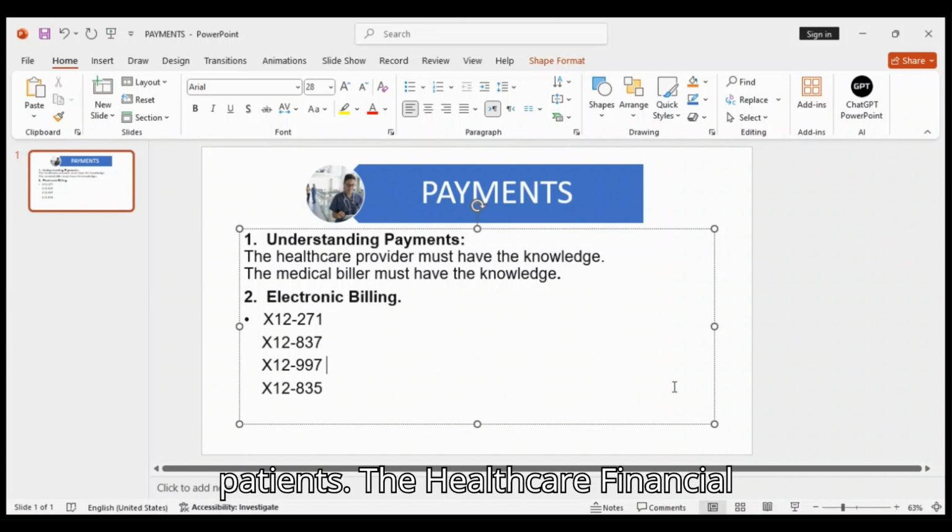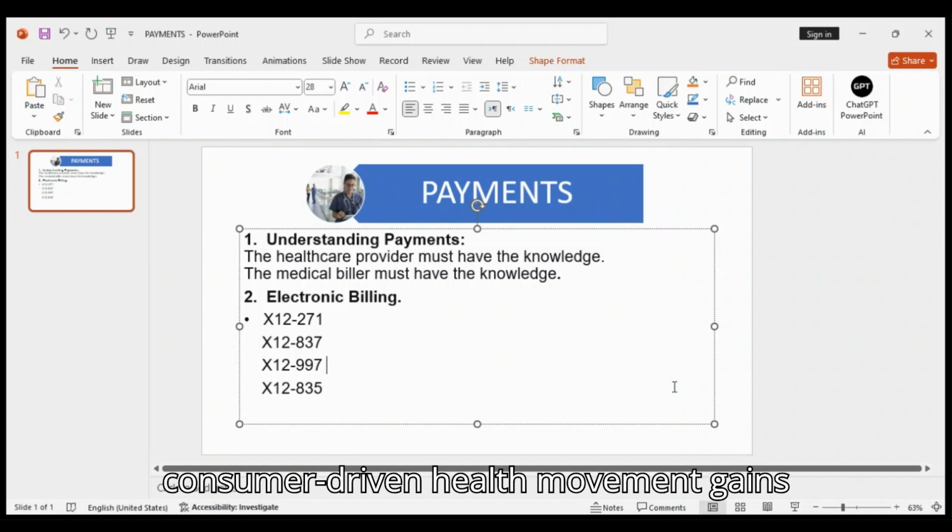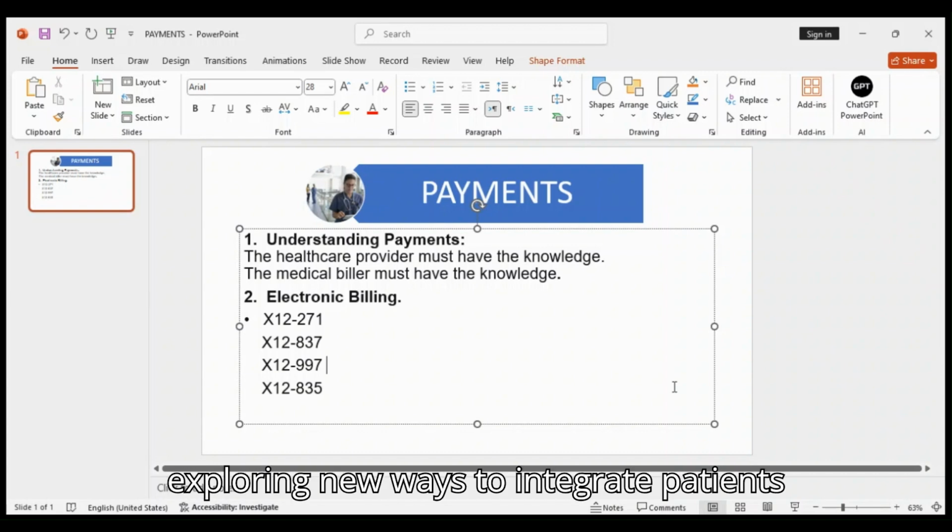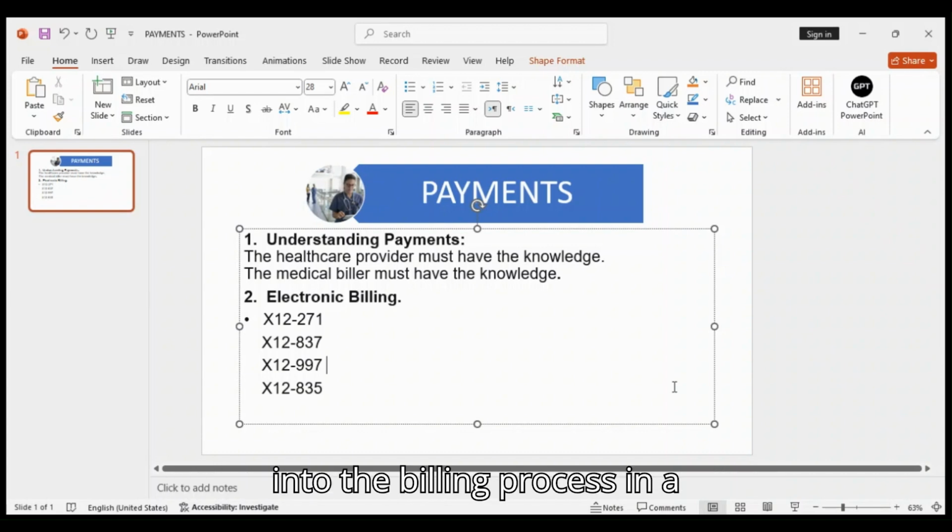The Healthcare Financial Management Association, which is HFMA, unveiled a patient-friendly billing project to help healthcare providers create more informative and simpler bills for patients. Additionally, as the consumer driven health movement gains momentum, payers and providers are exploring new ways to integrate patients into the billing process in a clearer and more straightforward manner.